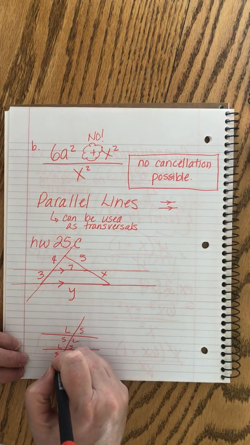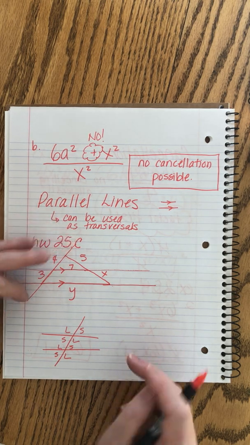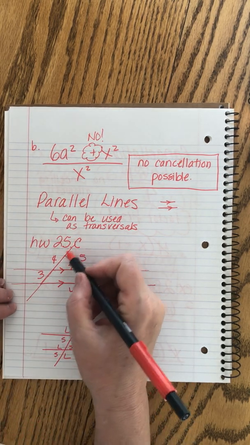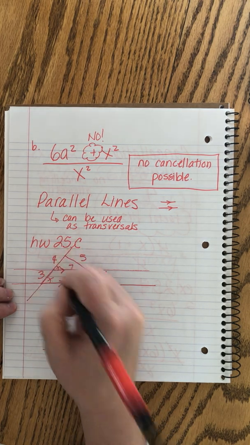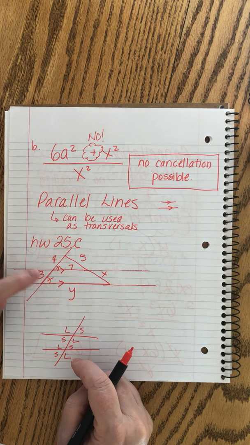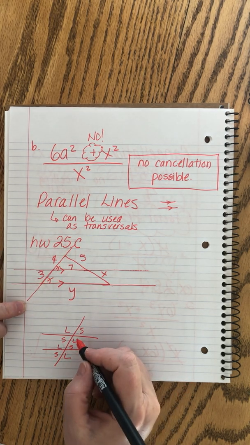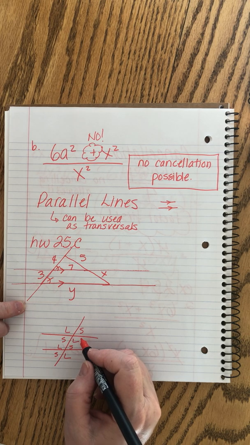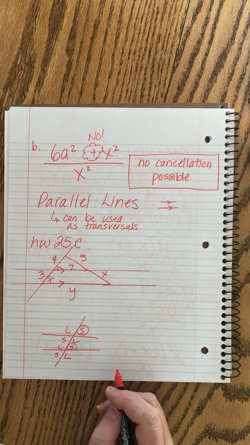We can use that in a picture like this to go, okay, well, if these are parallel and this is a transversal cutting through, then this angle and this angle must be the same because they are both the smaller angles of these pairs, right? It's this one and this one match up, right?